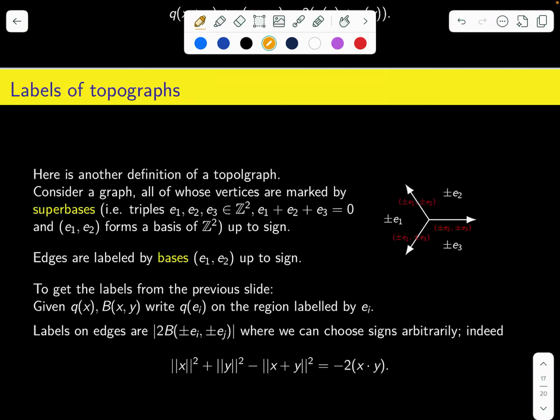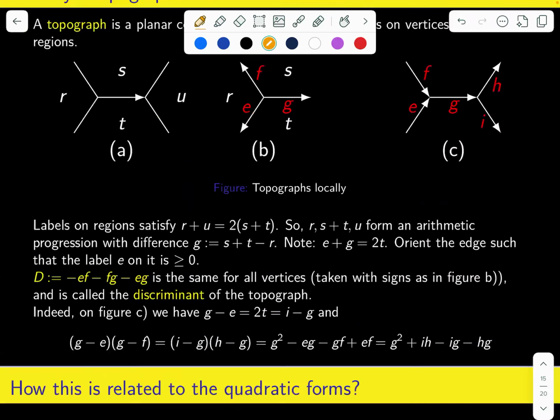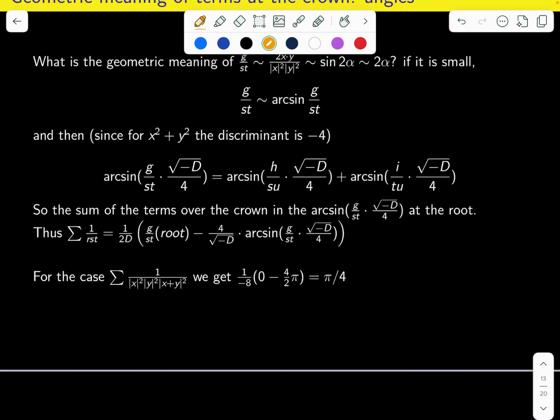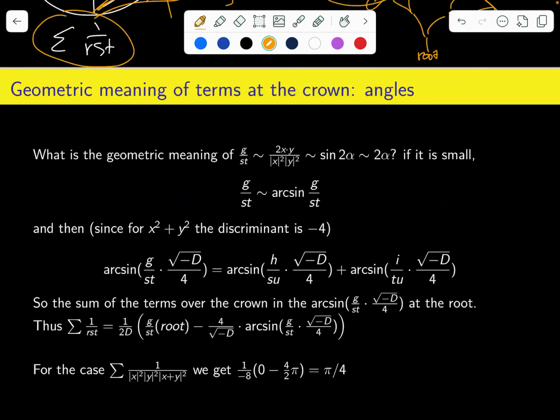So I just discovered this formula today, finally. What happens for the area for the general quadratic form? Again, let's just try to reason heuristically. We have terms like g divided by st. For the standard form, x squared plus y squared, this corresponds to the scalar product divided by the product of lengths, which is equal to sine of 2 alpha.